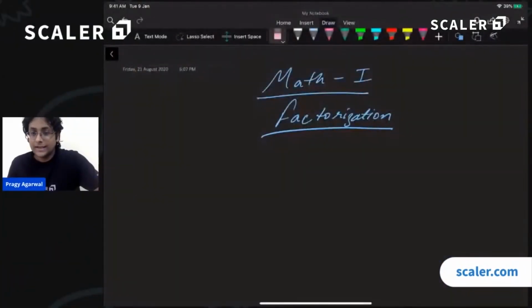These topics are like discrete math, probability, statistics, combinatorics, linear algebra, modular arithmetic, number theory, graph theory. So it is still a very large section of topics that you will need to be a very good programmer. So we're going to start with that. And today's topic is from number theory, and the topic is factorization. All right. So let us begin.